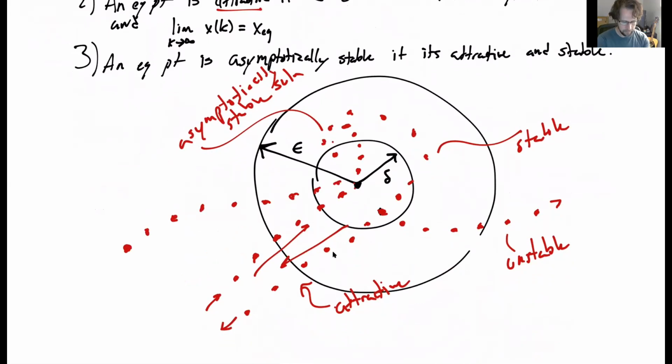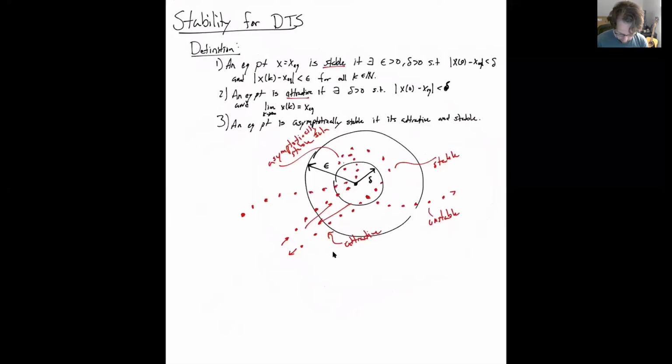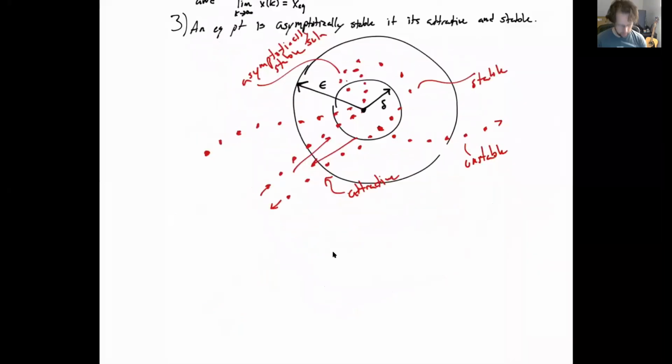Great. All right, so now that we have those definitions in order, how do we show that we have asymptotic stability or attractivity, right? Because at the end of the day, we saw how to calculate solutions in the last video, but that could be very tedious and sometimes not possible for all cases of F, of our map.